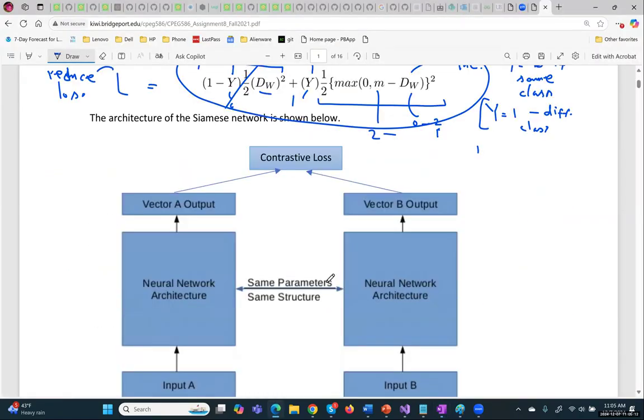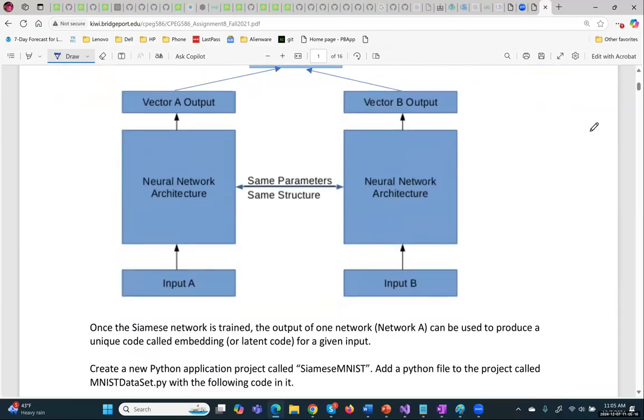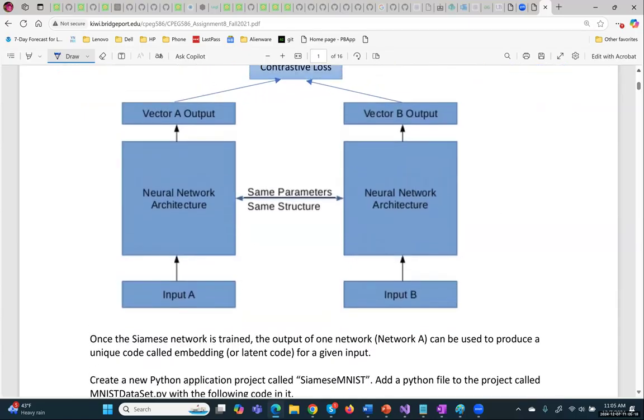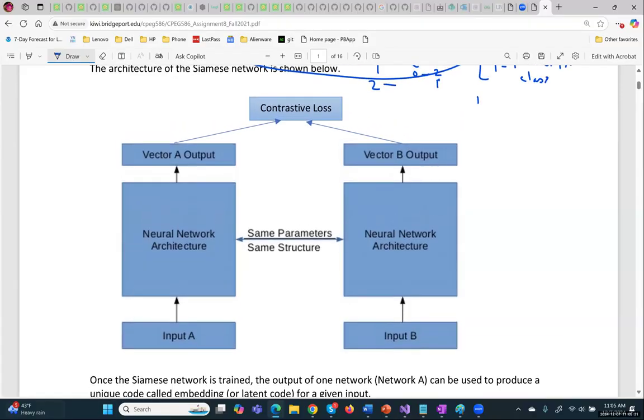We'll start out by producing 2 vectors. As you can see, we feed the 2 inputs at the bottom, right? If they belong to the same category, we try to minimize the contrastive loss. This is the latent representation where I say vector A output, vector B output.